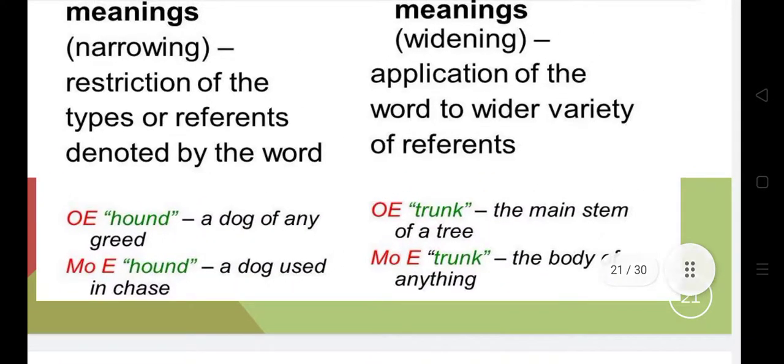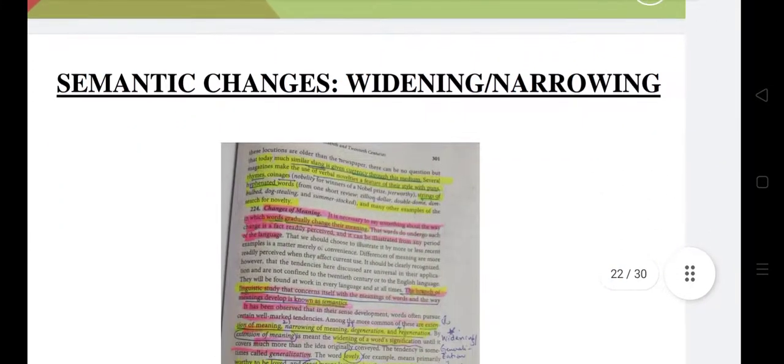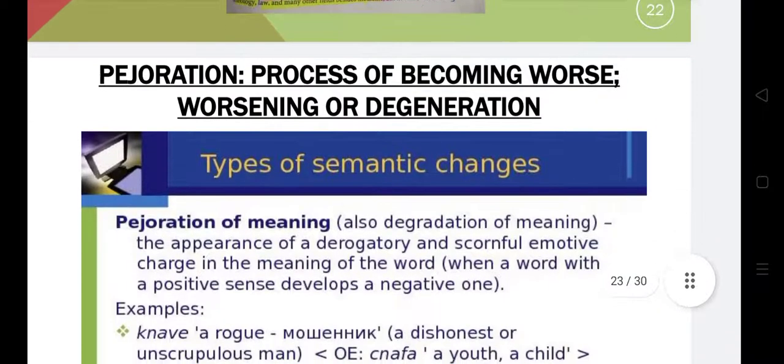Another example is trunk. Trunk referred to the main stem of a tree, but its meaning has been widened today, and it refers to the body of anything. We'll see some more examples.